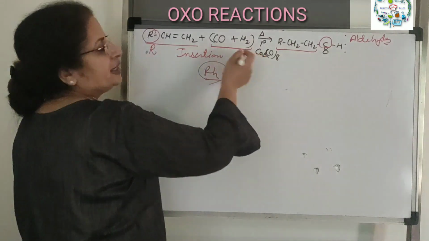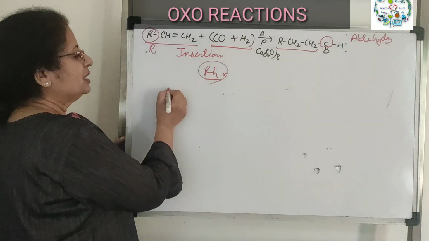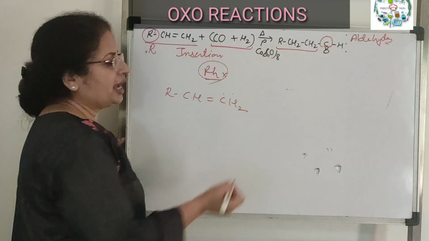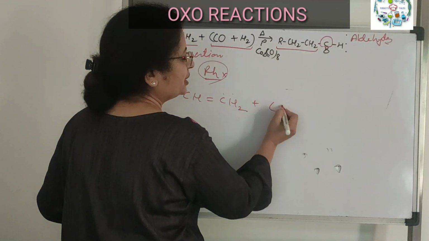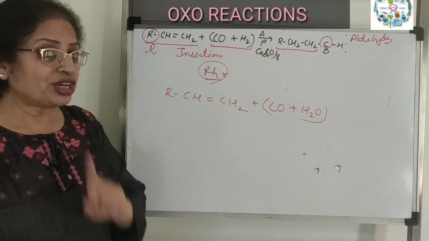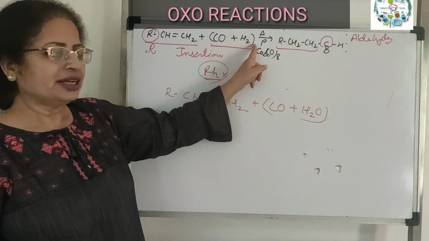But the other forms of oxo reactions are also very significant, like we take RCH double bond CH2 and react in the presence of a catalyst with carbon monoxide and water molecule. Previously we were reacting with carbon monoxide and hydrogen.